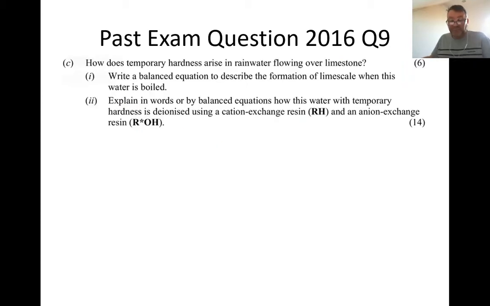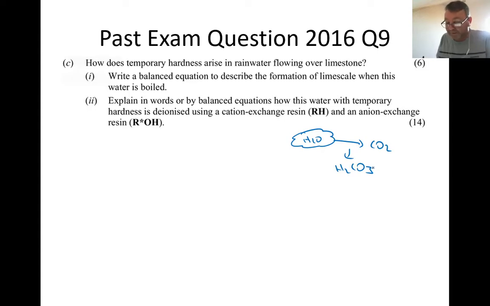And lastly then, how does temporary hardness arise in rainwater flowing over limestone? And it says write a balanced equation to describe the formation of lime scale when this water is boiled. Remember, let's do it over here. We've got the cloud, H2O. We've got the CO2, both of those combine into H2CO3, which is naturally acidic rainwater.